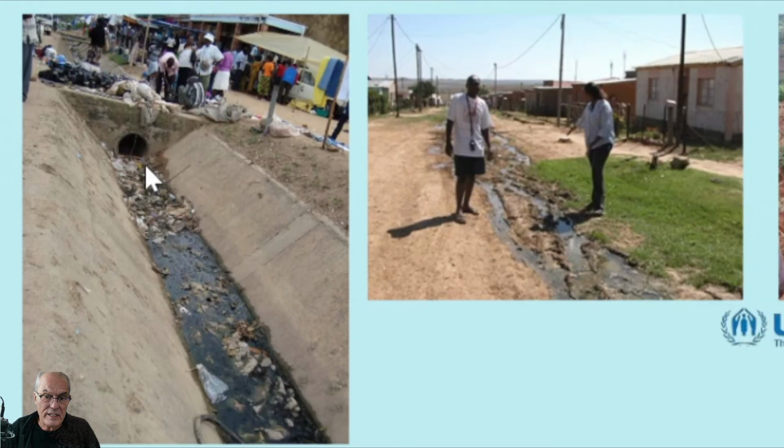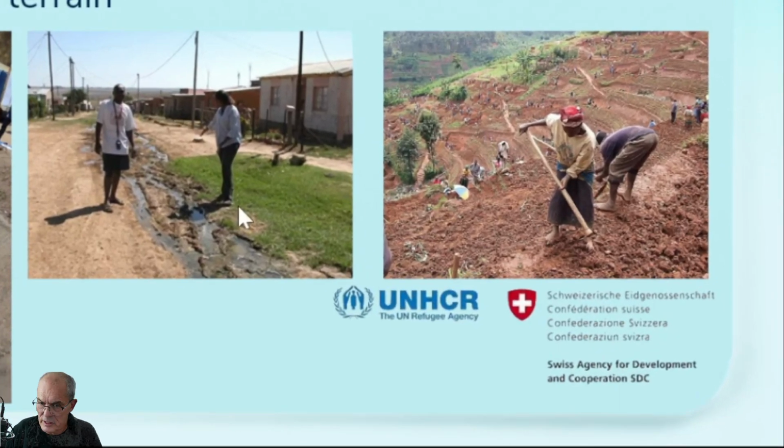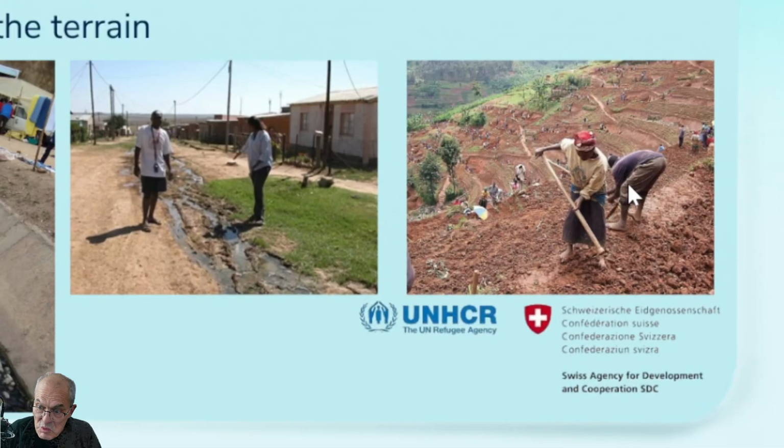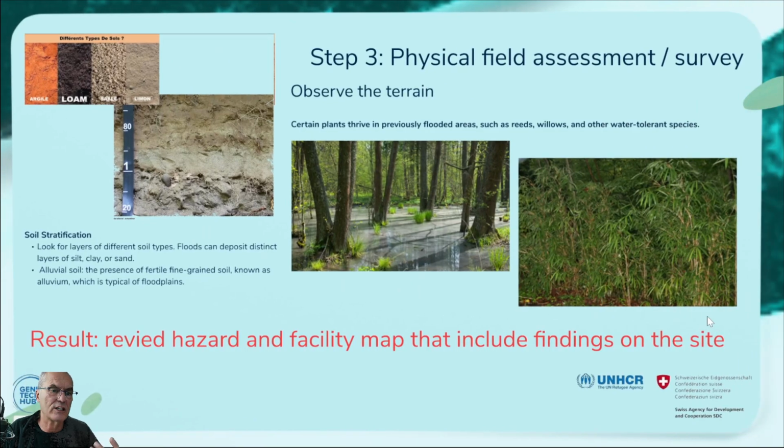In the city, you have drainage that is actually not visible in the satellite images. This drainage needs to be taken with your GPS and integrated into your flood map, because you know the water is going through this way. You can also see deforestation, which probably increases the amount of water that you are expecting.